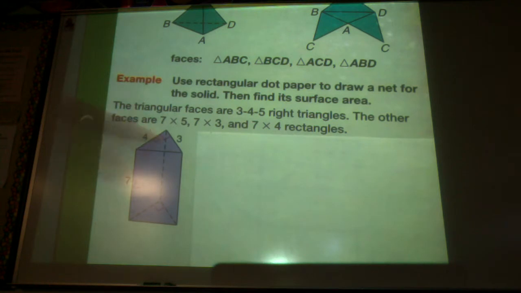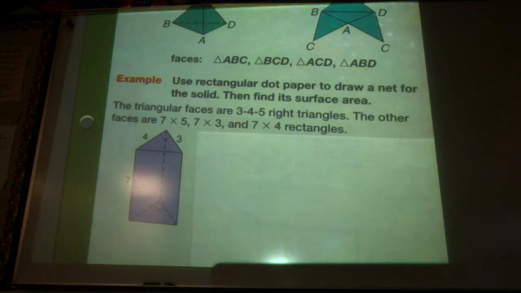So what shapes are these bases? Triangles. And then you've got these other faces that are going around the triangles. What shape are they? All three of them are rectangles, even though this looks like a parallelogram here, and so does that, because it's drawn on two-dimensional paper. All three of those faces coming off the triangular bases are rectangles.